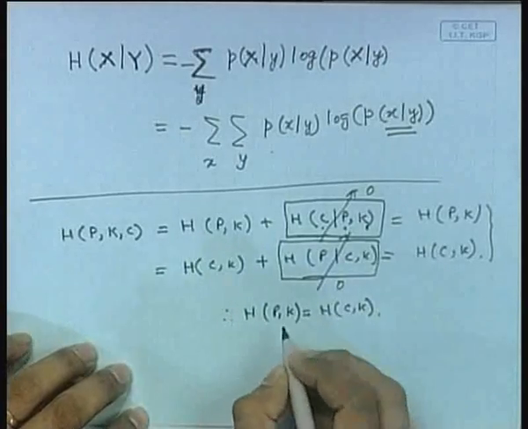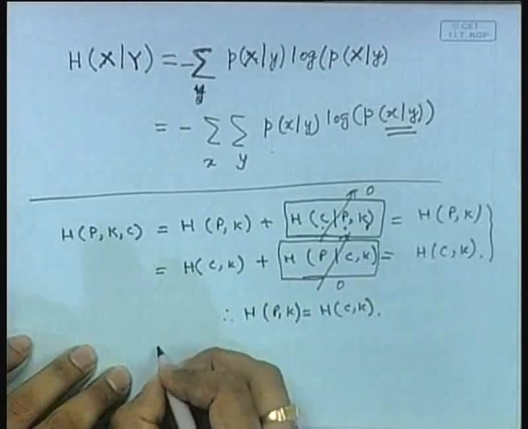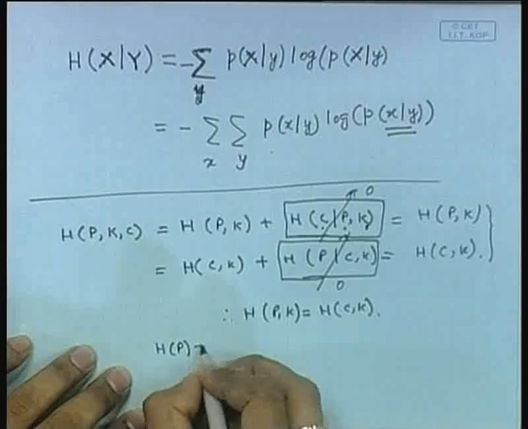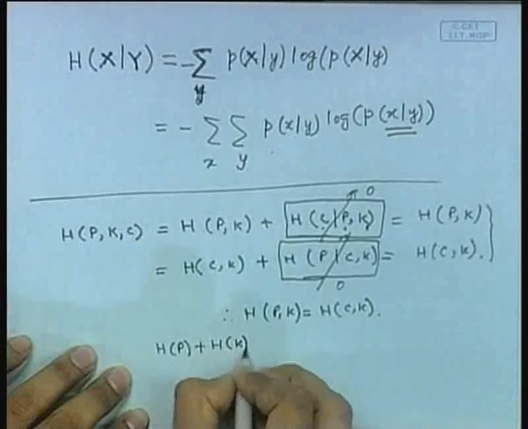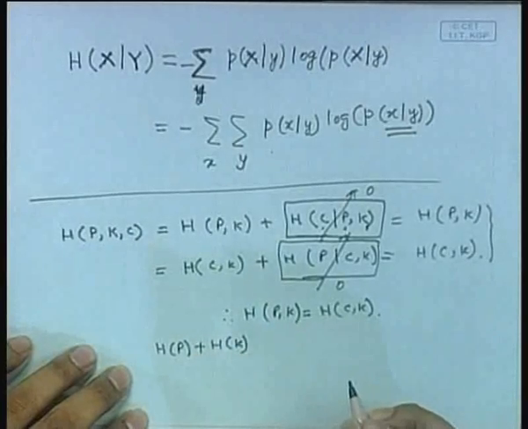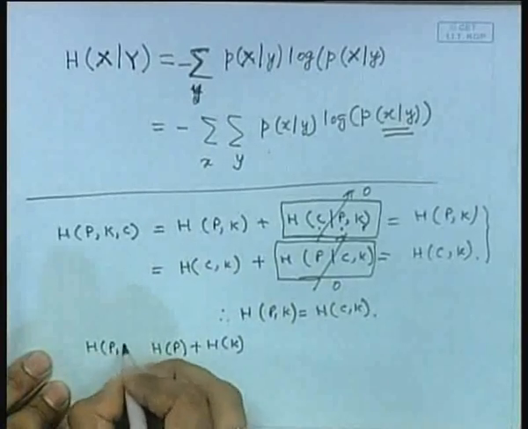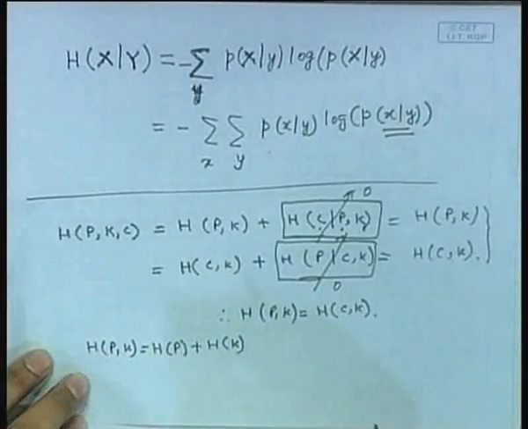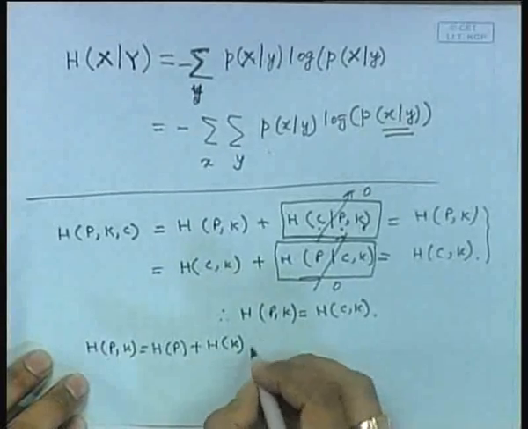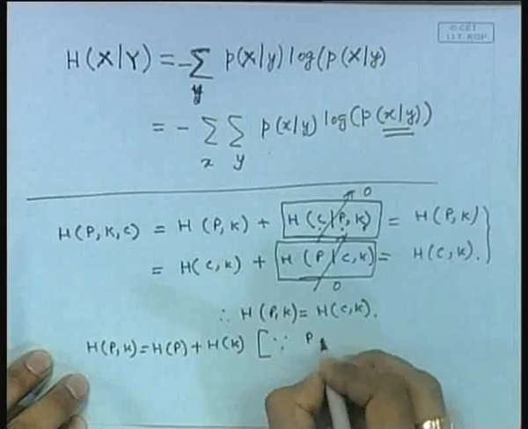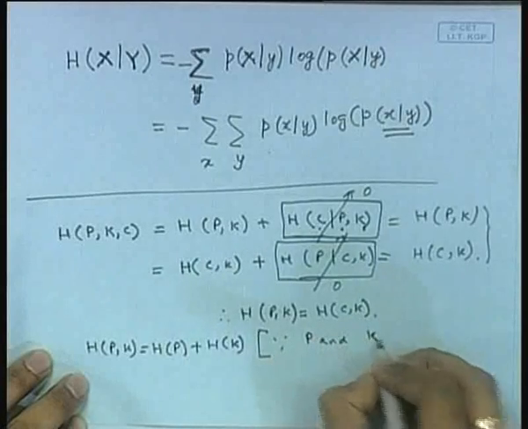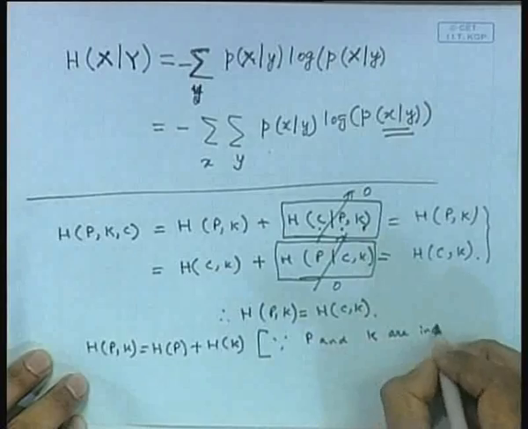So therefore H of P comma K, now we can denote it by H of P plus H of K. Why can I write that H of P comma K is equal to H of P plus H of K? Because P and K are independent.